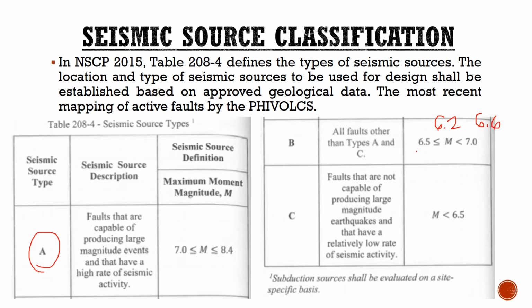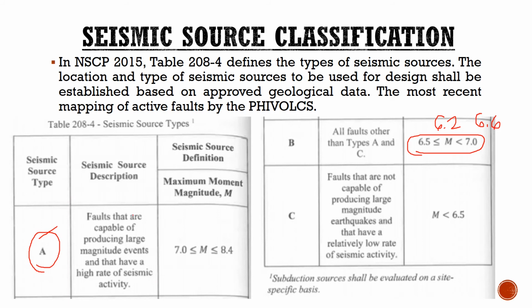So nahulog siya sa B. Pero again, dili pa to big one. So we are expecting a big one, so safer to assume na seismic source type A na lang, para sure gyud ang atong building.